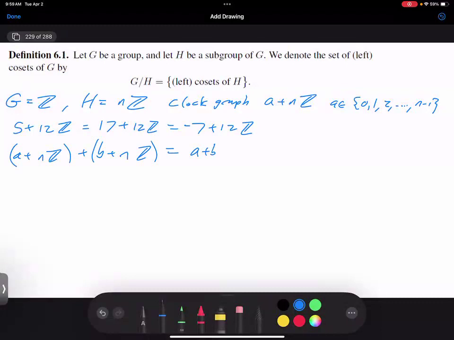It's a plus b plus nZ, or the same as (a plus b mod n) plus nZ. These would all be the same.